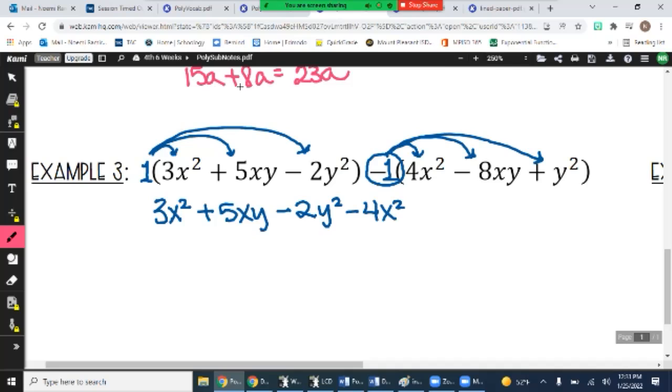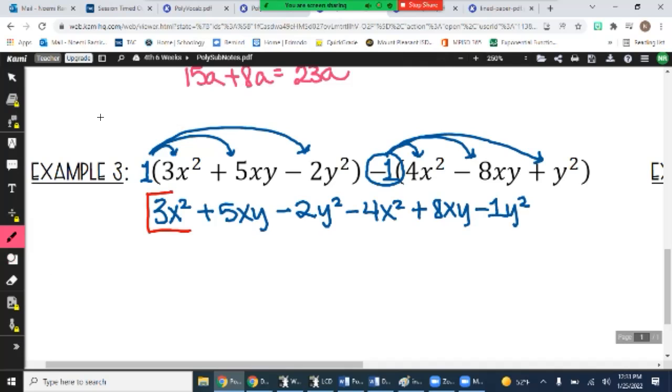Negative 1 times negative 8xy. And negative 1 times y squared. Questions? Always be careful with that middle one.